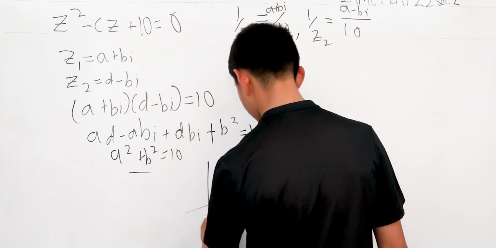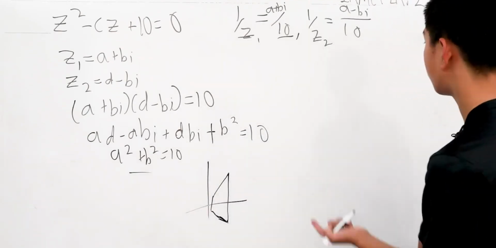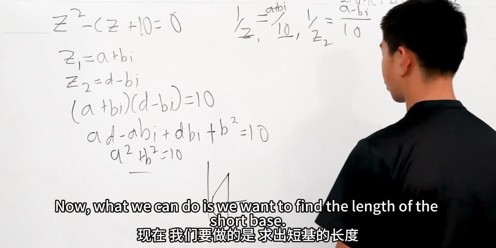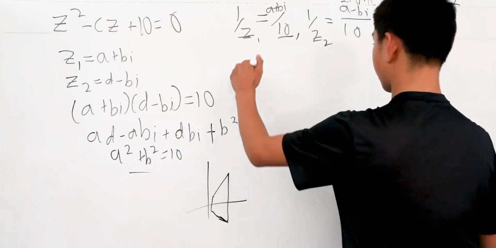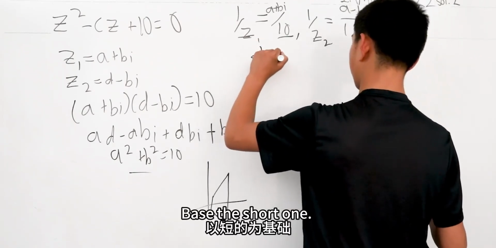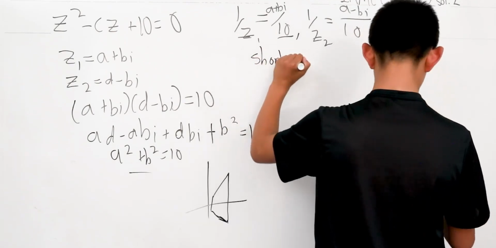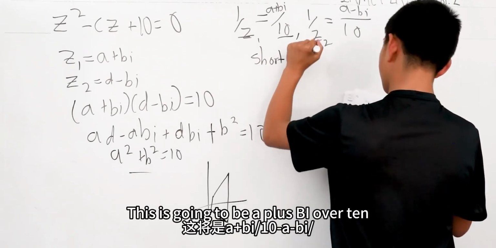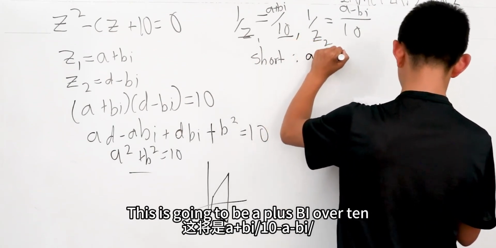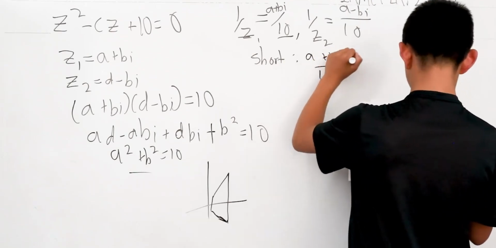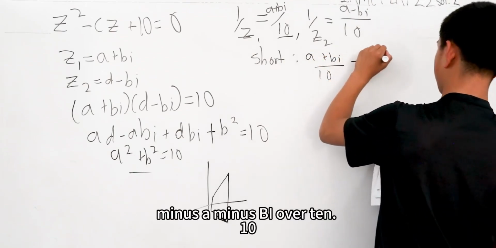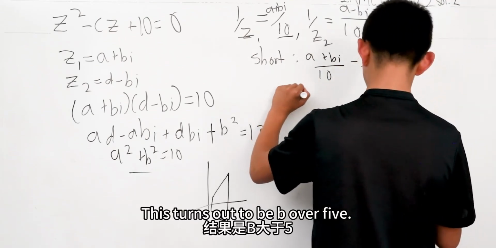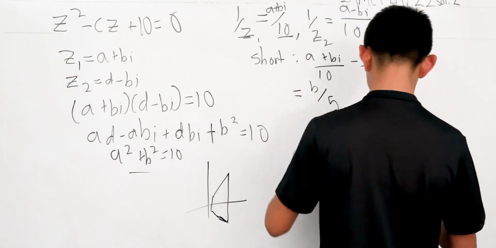There we go. Okay, now what we can do is find the length of the short base. The short one is going to be a plus bi over 10 minus a minus bi over 10. This turns out to be b over 5.